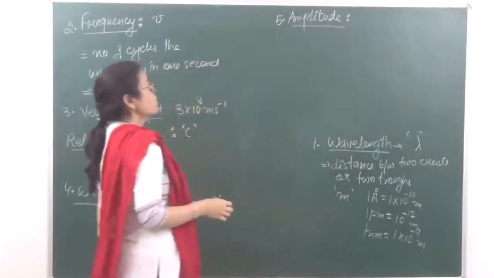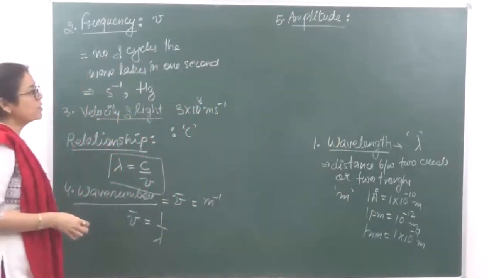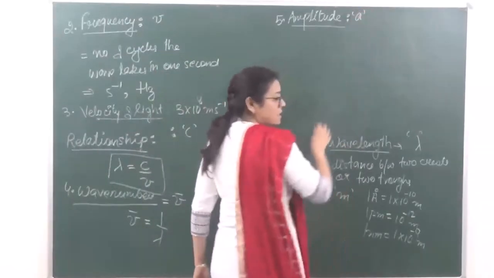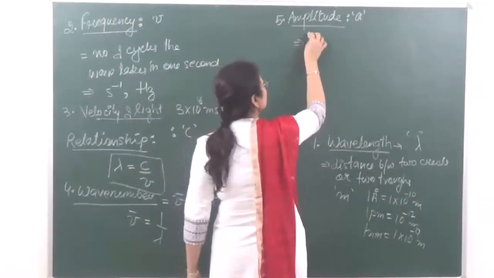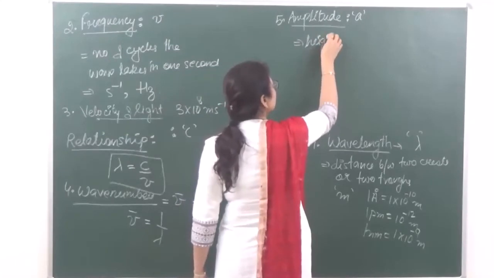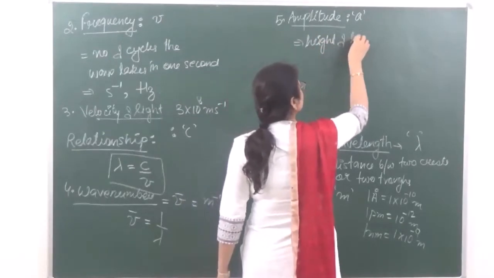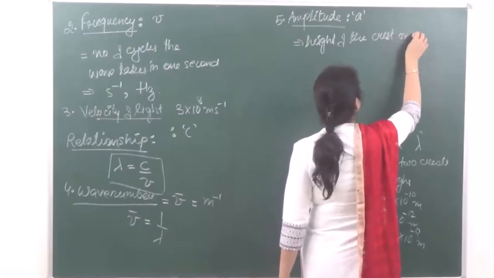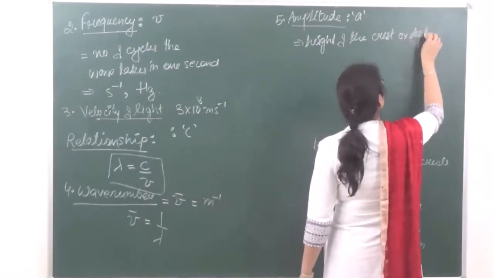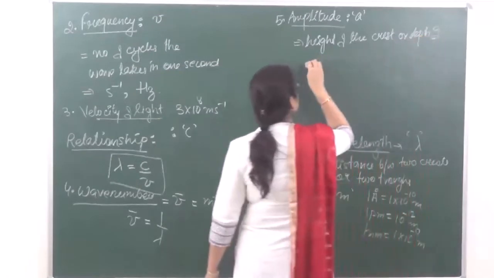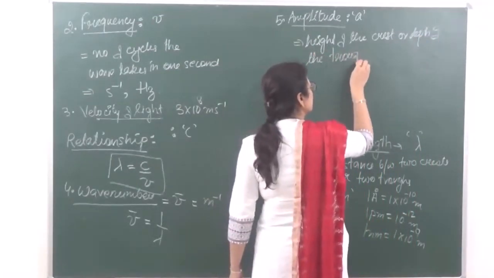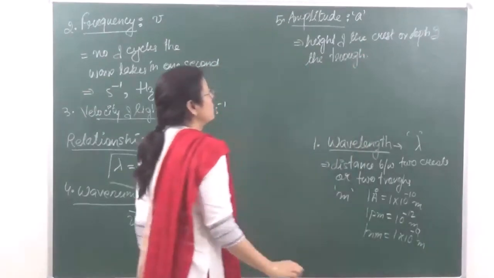Another characteristic which we have is amplitude. Amplitude is denoted by A, and it is the height of the crest or depth of the trough, right?